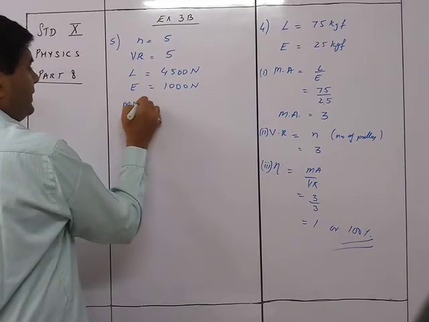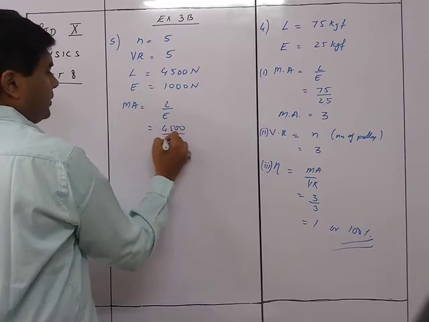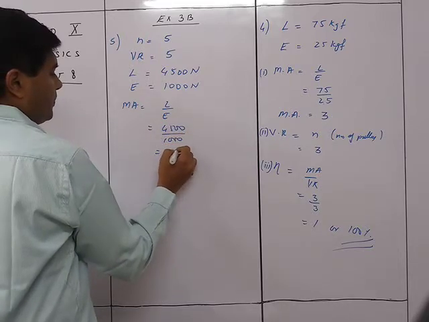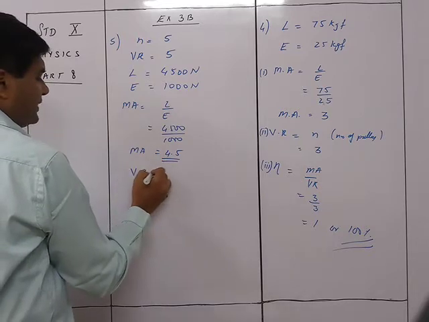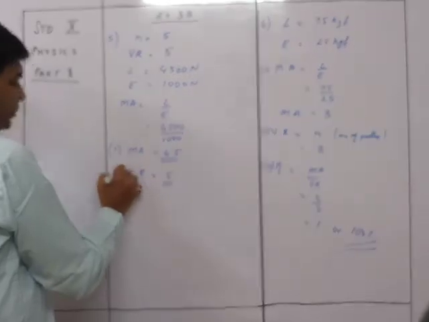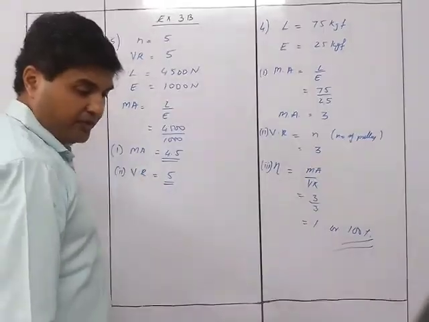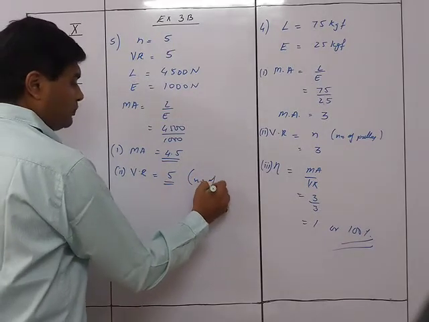So MA is going to be load upon effort is equals to 4500 upon 1000 is equals to 4.5. So that is the MA. MA is 4.5 but VR is equals to 5, as per the number of pulley.